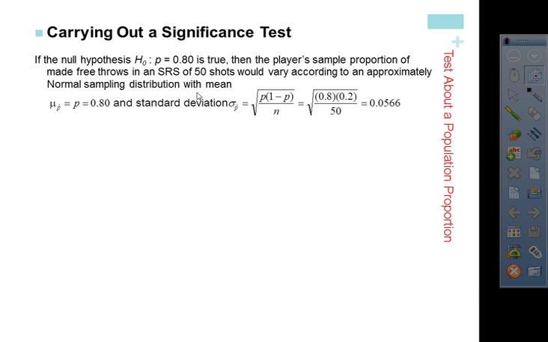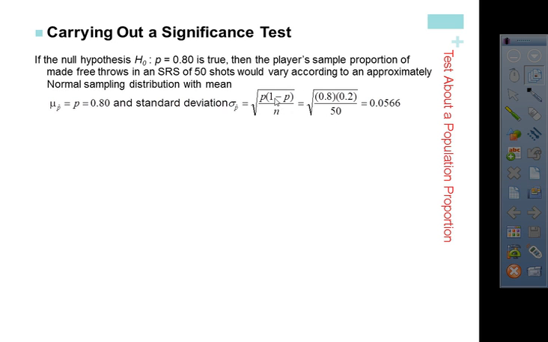All right. So here we go. If the null hypothesis is true, then the player's proportion of made free throws in a simple random sample of 50 would vary according to an approximately normal distribution with a mean. So they're saying that if it's true, we're going to have a normal distribution, which means the mean of my distribution should be 0.8, which is what we hypothesized it to be. And we can find what the standard deviation should be by using this formula right here.